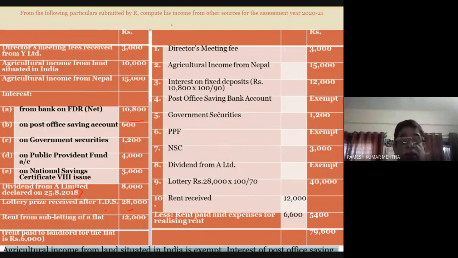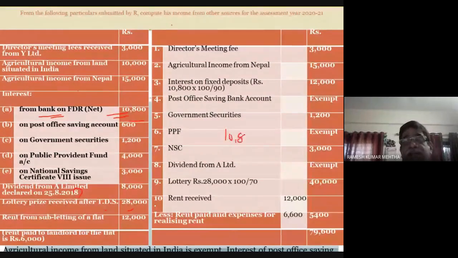However, let's solve the problem in this particular case, which is interest on amount deposited in bank fixed deposits. After deduction of tax at source, he has earned interest income of 10,800.